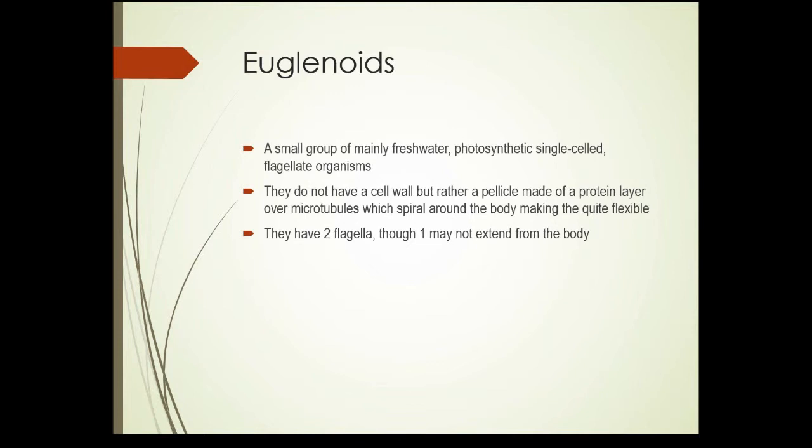Okay, this means that, and we'll see in a later slide, that they have a single cell, don't typically form colonies, and they'll have flagella, or a tail, with which they can swim. They all actually have two flagella, but occasionally the second flagella doesn't extend from the body.